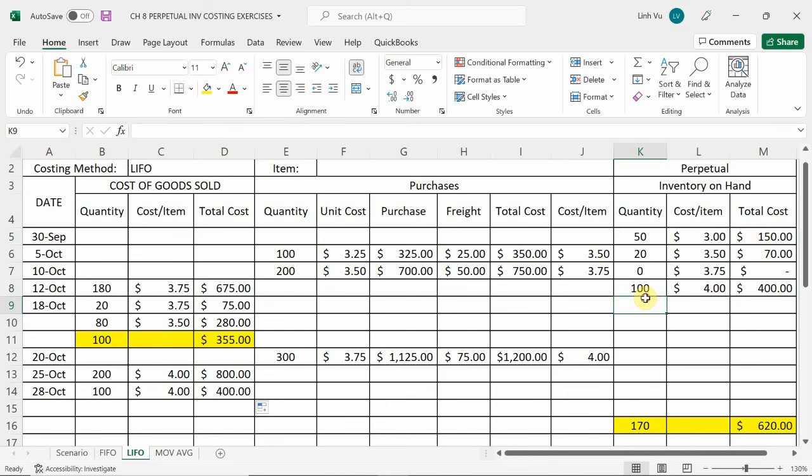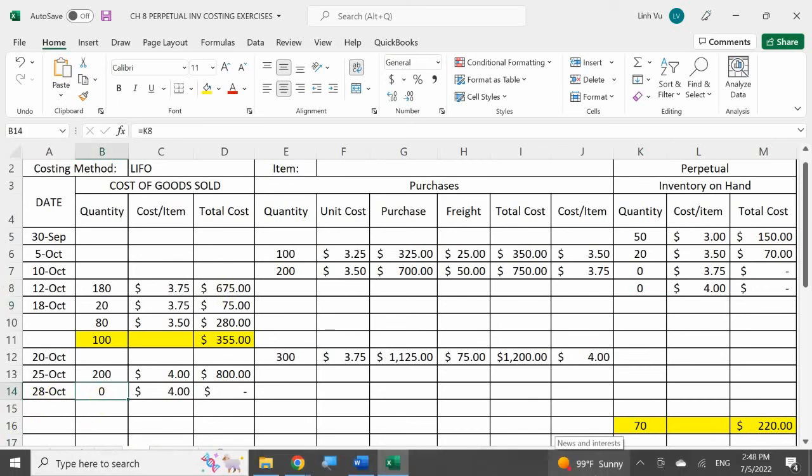And then the 20 units at $3.50. Then 30 units out of the one at $3.